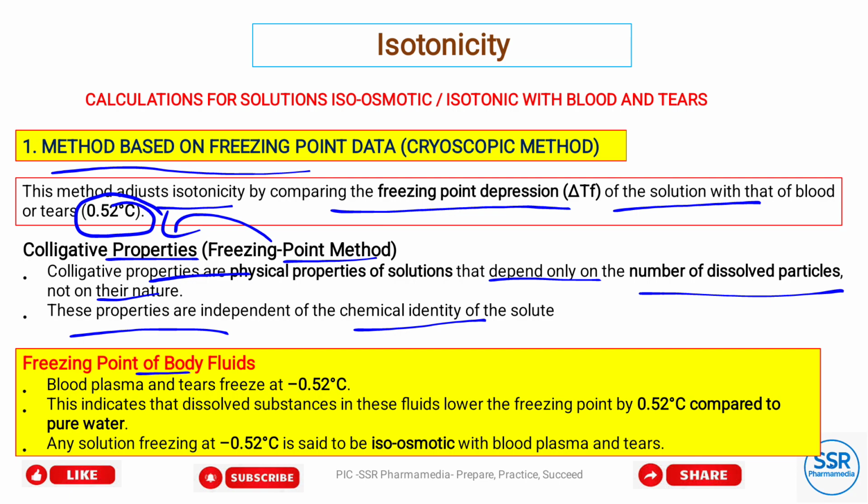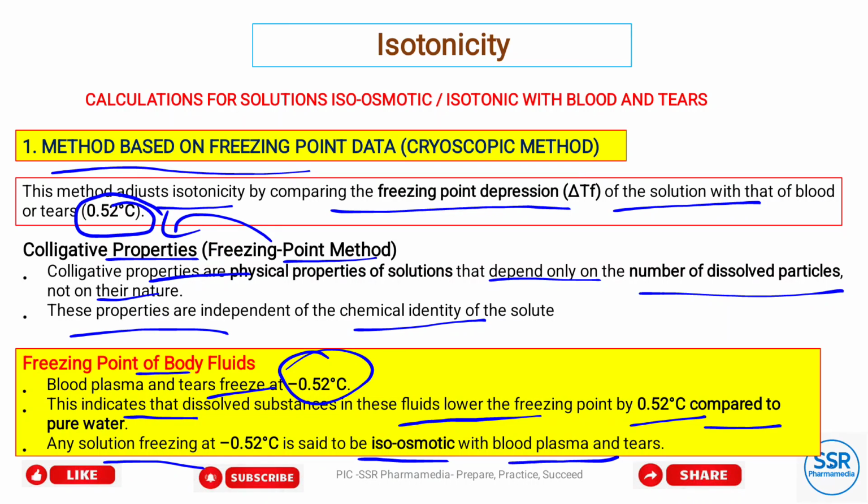Blood, plasma and tears freeze at minus 0.52 degrees Celsius. This indicates that the dissolved substances in these fluids lower the freezing point by 0.52 degrees Celsius compared to pure water. So any solution freezing at minus 0.52 degrees Celsius is said to be isoosmotic with blood, plasma and tears.